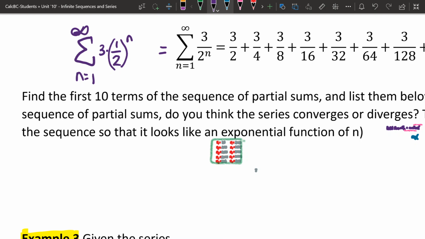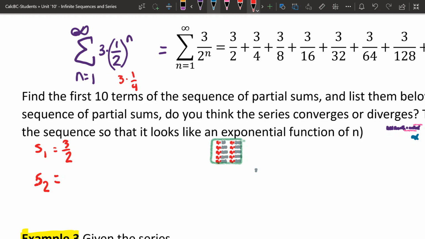Looking at the first 10 terms. So if we look at just the first term or two, if we look at the first term, we plug in a 1, we get 3 times 1/2, that's 3/2. We look at the second partial sum, which is the sum of the first 2 terms, so we need to plug in 2, so we get 3 times 1/2 squared, which is 1/4, so that would be 3/4.